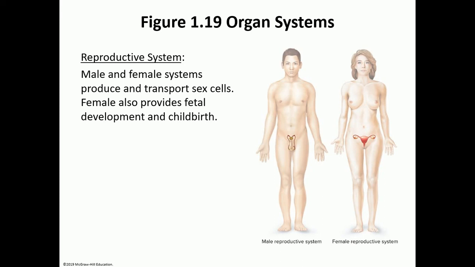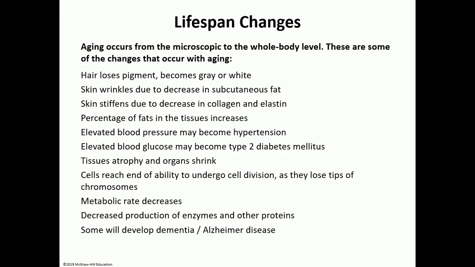So what are the lifespan changes? There's a lot of aging that occurs. It actually starts on a microscopic level before we're able to see it on a macroscopic level, or by the naked eye. So hair starts to lose pigmentation and starts to become gray or white.